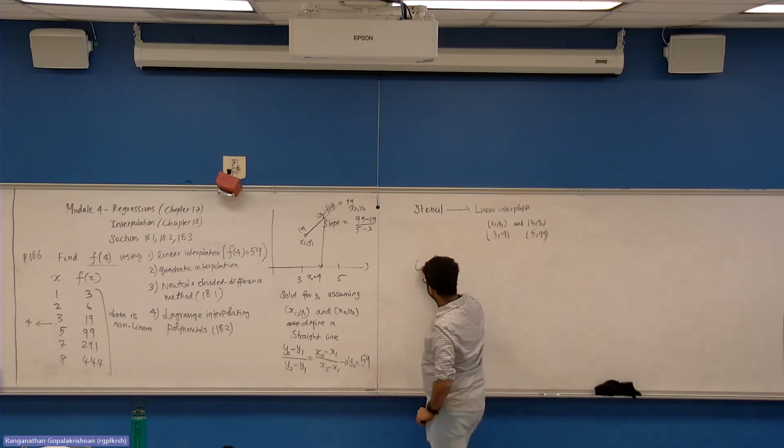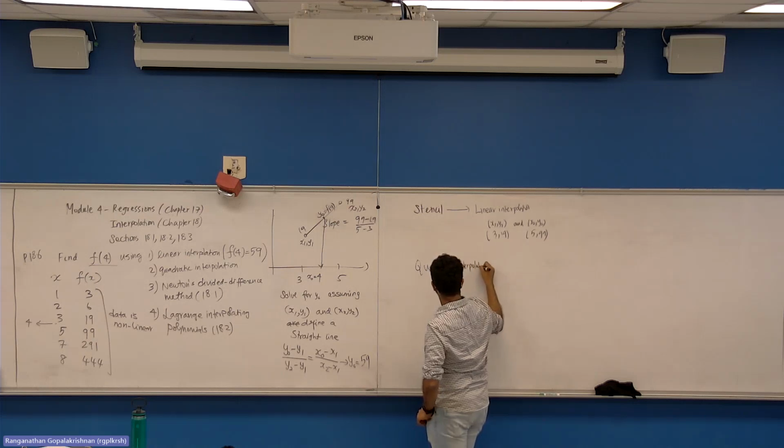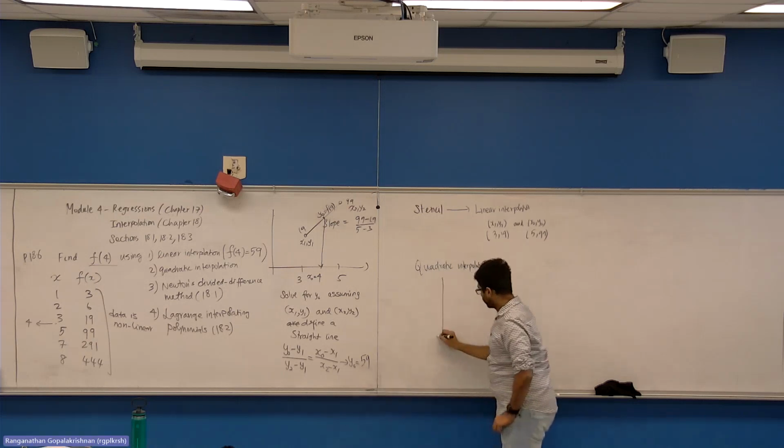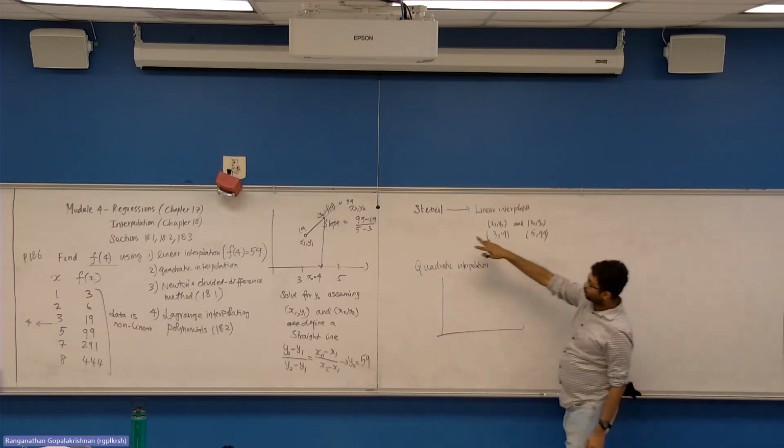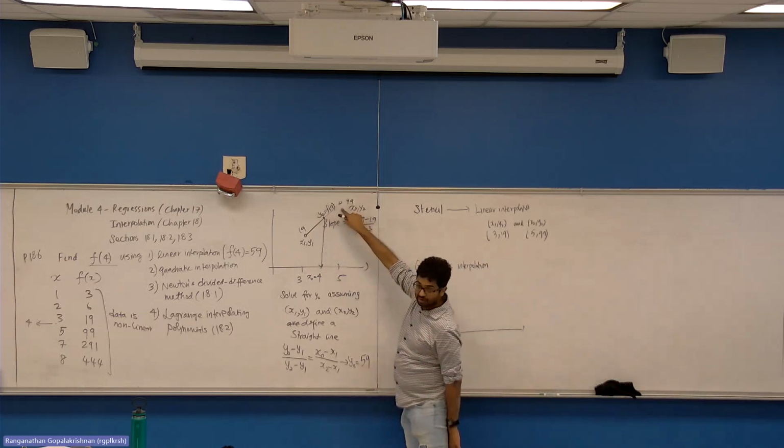For quadratic interpolation, now this is when you should listen instead of actually writing, because here's a subtle point. For quadratic interpolation, we don't take just 2 points and connect them with a straight line.